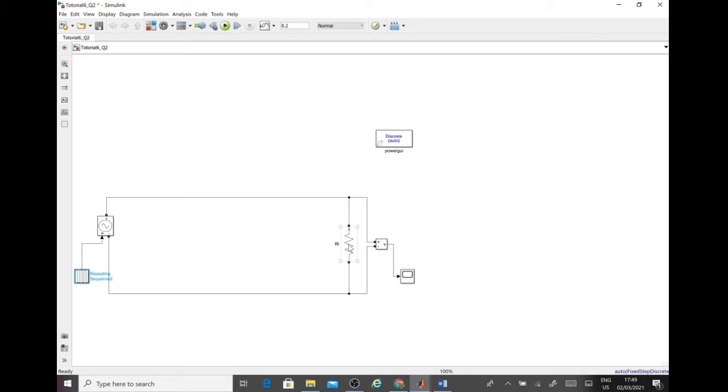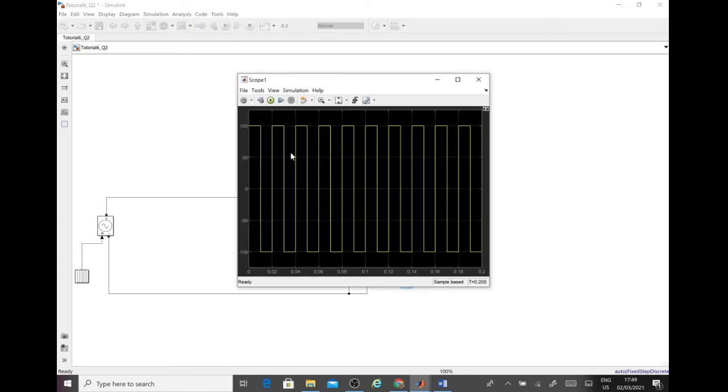This is the resistance 100 ohm, and we need to monitor the voltage across the resistance by using the oscilloscope. Let us simulate this one in MATLAB, and now we can see how the waveform looks like. Yes, it is just like what we saw in the problem.